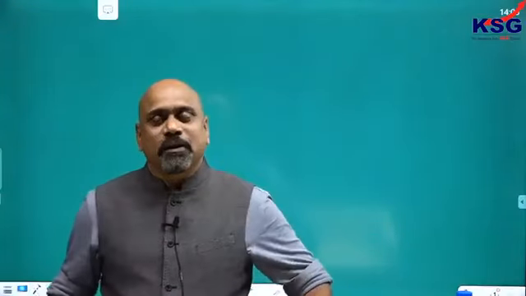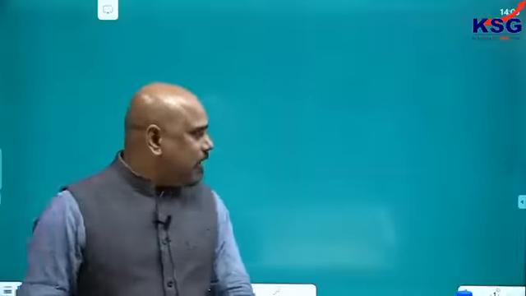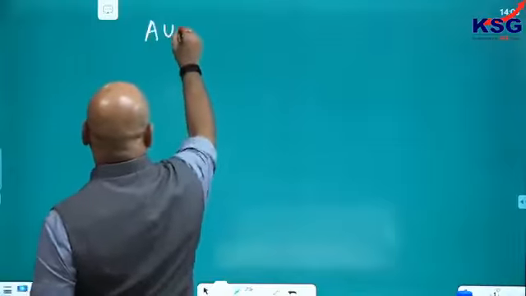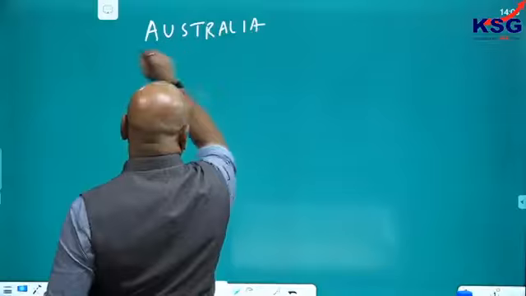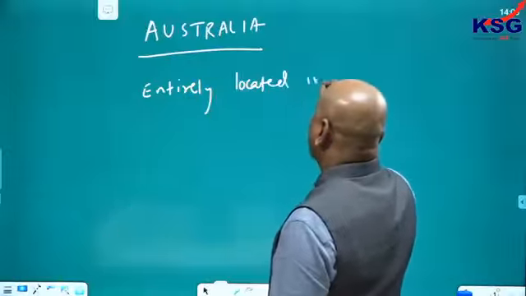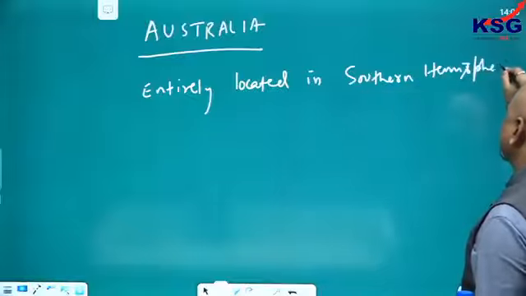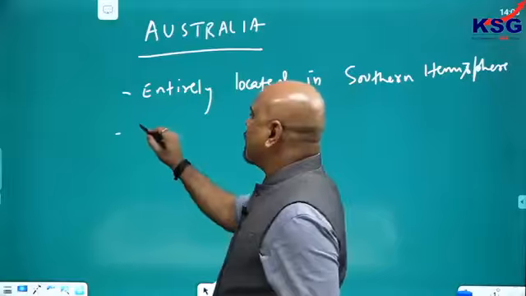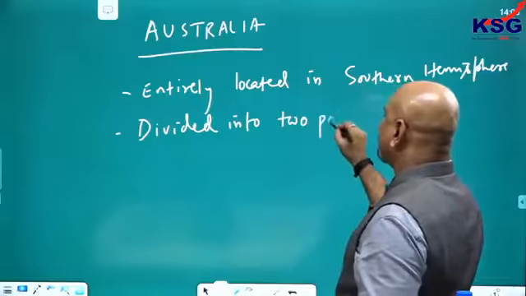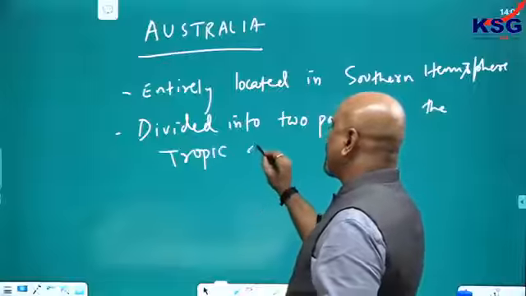So, let us continue with Australia, which we were discussing earlier. As I said, Australia is a continent entirely located in the southern hemisphere, divided into two parts by the Tropic of Capricorn.